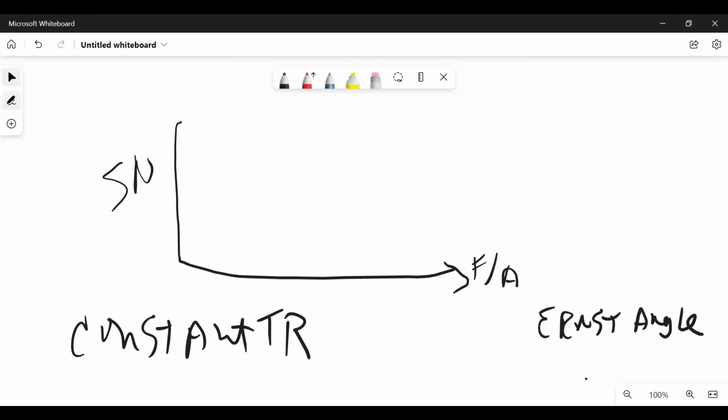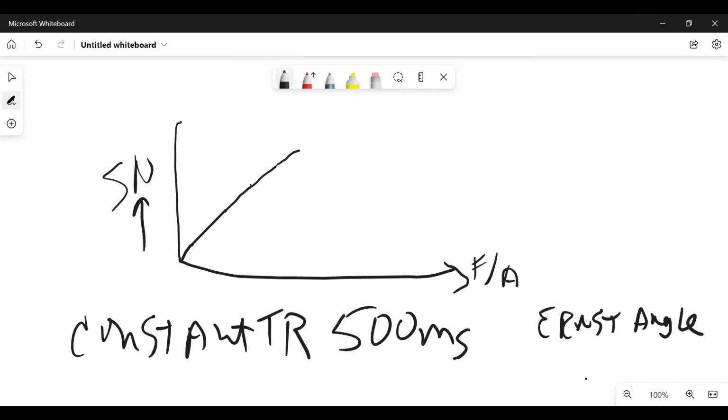I know I'm a terrible artist, so just bear with me. For a constant TR, let's just say 500 milliseconds, if you increase your flip angle, say to 10 degrees, you're going to get a certain amount of signal. If you go to 20 degrees, you're going to get a certain amount of signal. And then 30 degrees, and then 40 degrees, and then let's say 50 degrees.